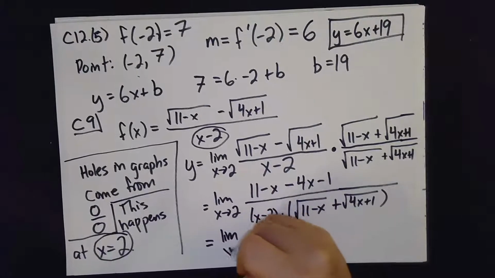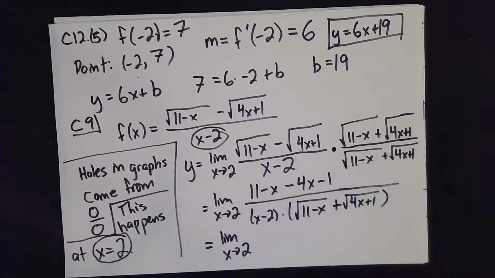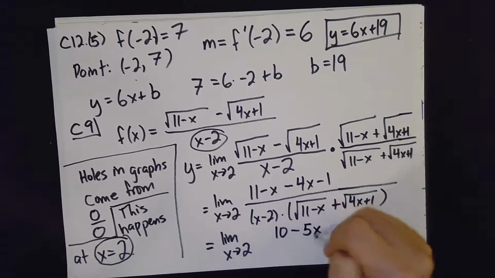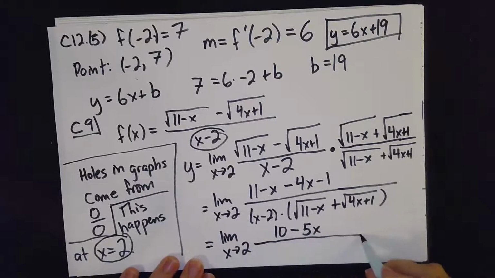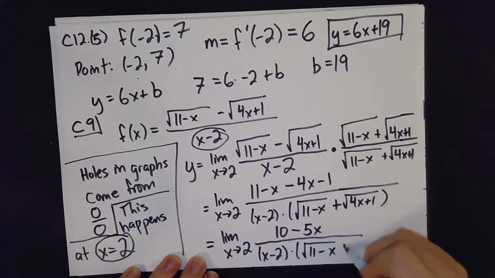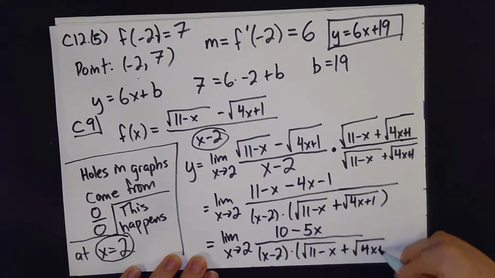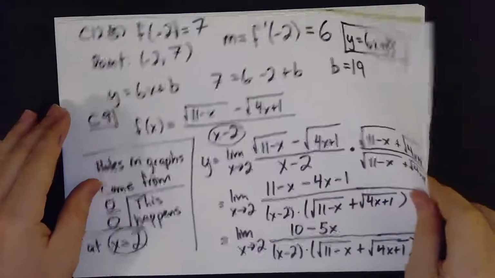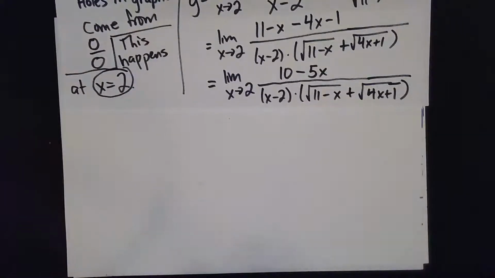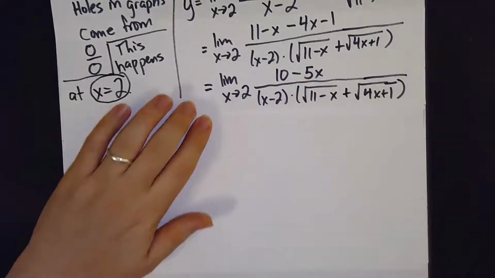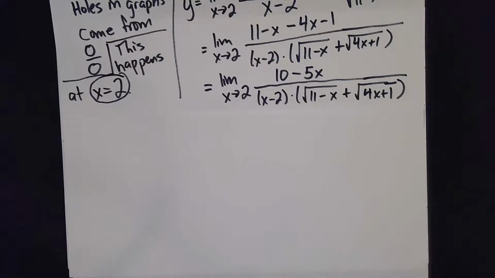Okay, so the numerator here will work out to be 10 minus 5x, divided by x minus 2 times the sum of these two square roots. Okay, it would now be in my interest to factor the numerator. So I will do that.